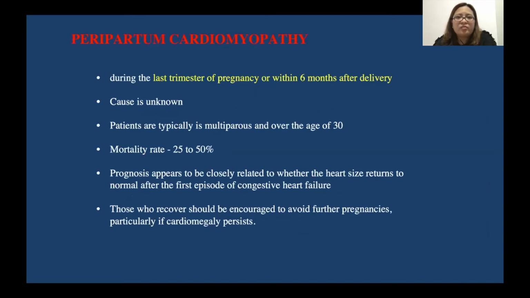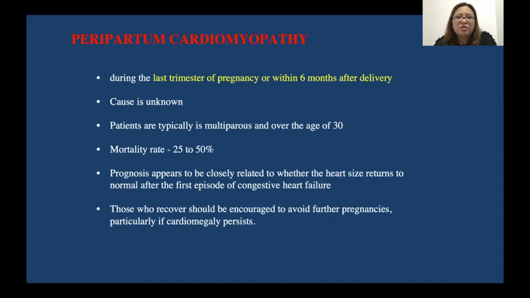Next is peripartum cardiomyopathy. What I want you to remember for peripartum cardiomyopathy is that this type may occur from the last trimester of pregnancy, meaning from 7 to 9 months, or within 6 months after delivery. The cause is unknown, but patients are typically multiparous and over the age of 30. There is a very high mortality rate, around 25 to 50%.